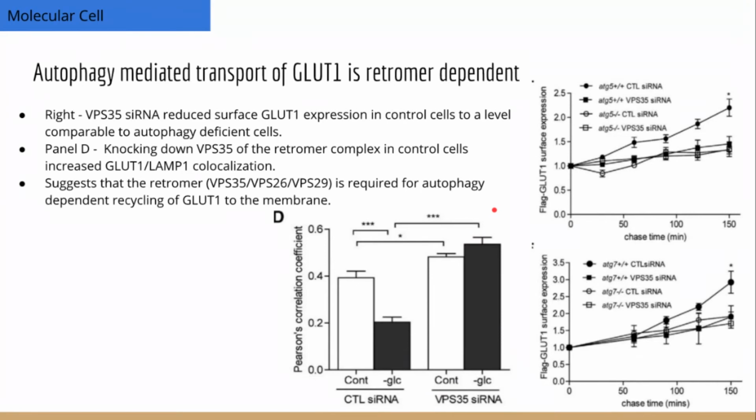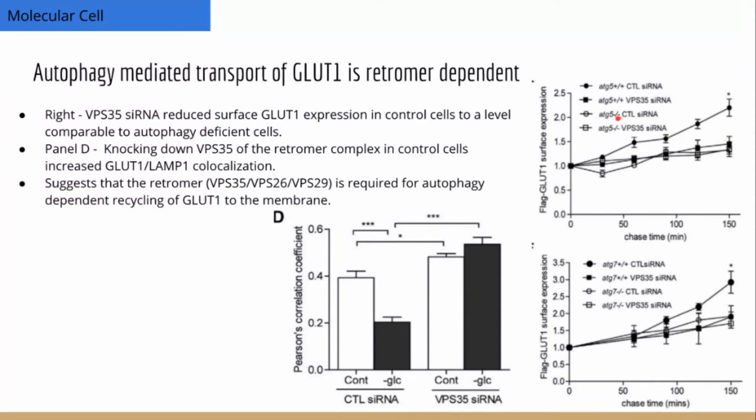That is, in these autophagy-competent cells, these normal cells, when they knocked down VPS35, it caused GLUT1 surface expression to drop. Sorry, we're looking at these two panels. It caused GLUT1 surface expression to drop to levels as low as they were in ATG5 and 7 deleted cells.